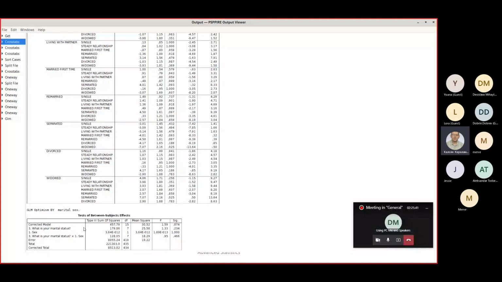For the marital status, significance level is 23.4%. This is larger than 5%, and the conclusion is that there is no relation between marital status and optimism.